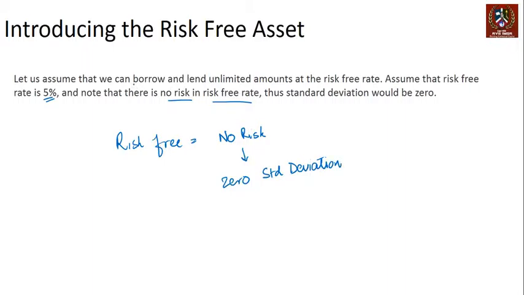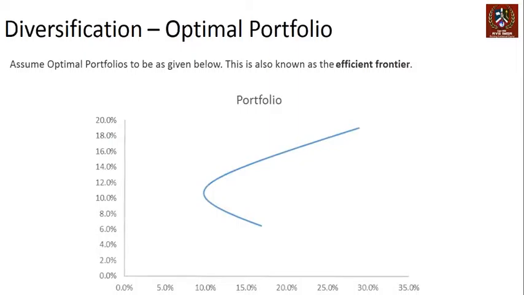Now assume that we can borrow and lend unlimited amounts, right? So practically, if we have money, we can invest that money. If we don't have money, we can borrow that money, right? This is the broad premise of what we are doing in this setup. Now let's see how this works.